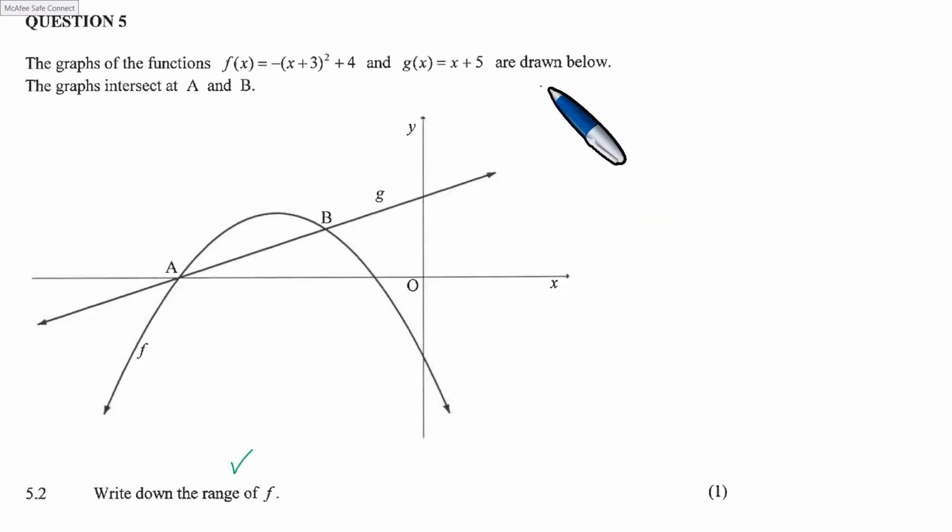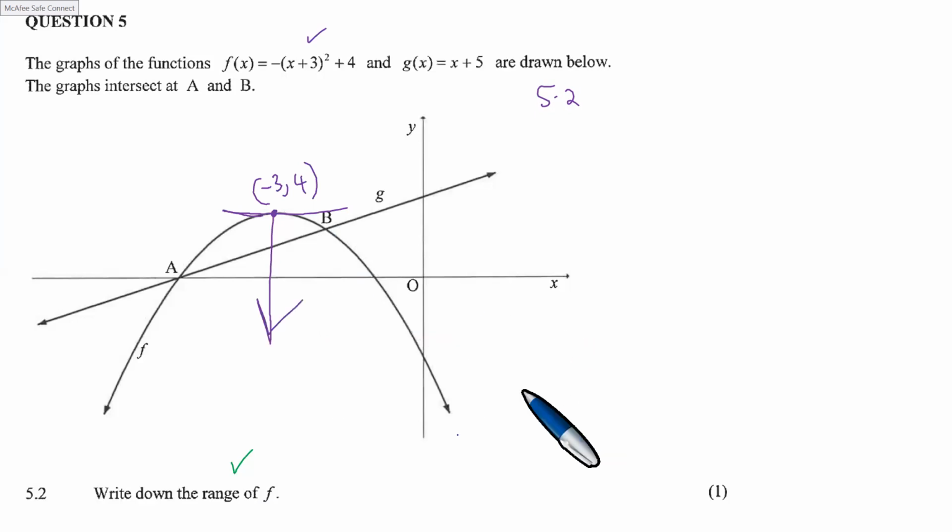That's my point. So we're looking at 5.2 now. You need to write down the range of f. So we look at the function f. The range is characterized by the turning point. We have seen that the turning point has the coordinates -3 and 4. And so the range is going to begin from here, and this graph is going down.